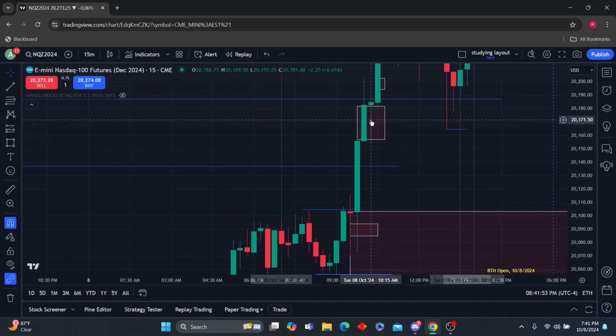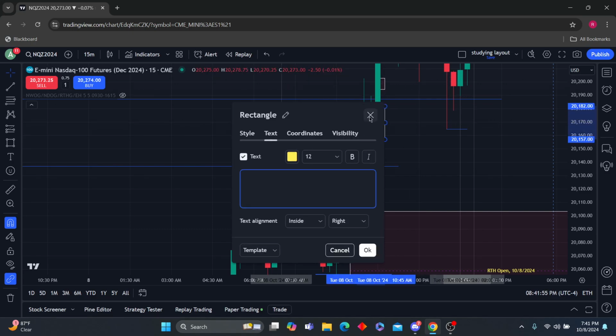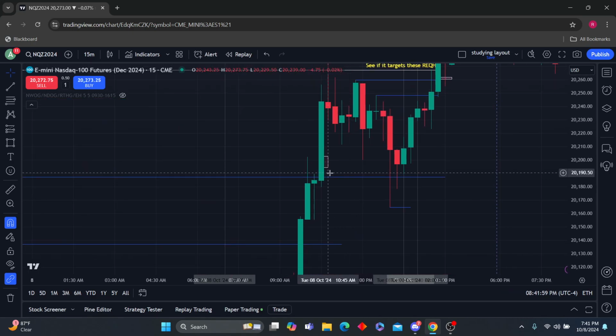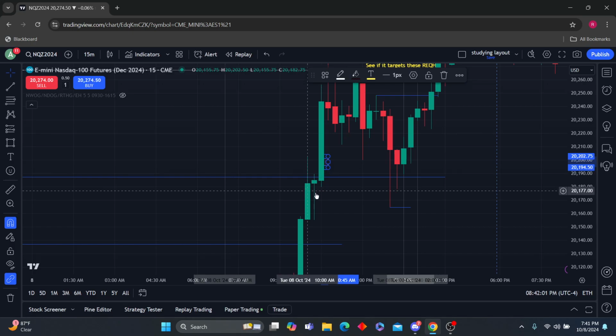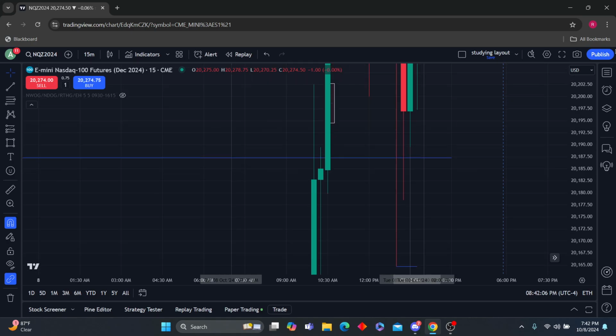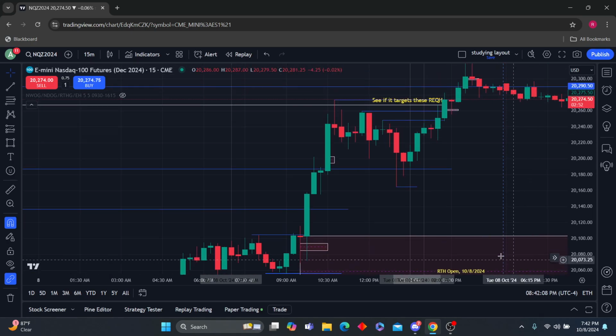Probably a fair value gap in the lower time frame, and then another one does drop down, immediate rebalance, shoots back up.